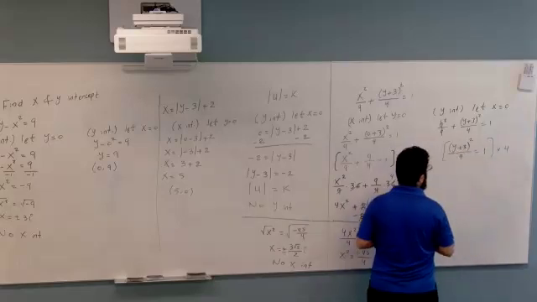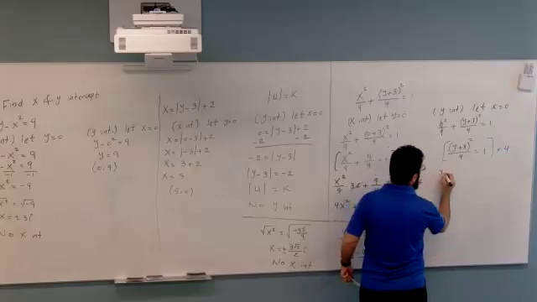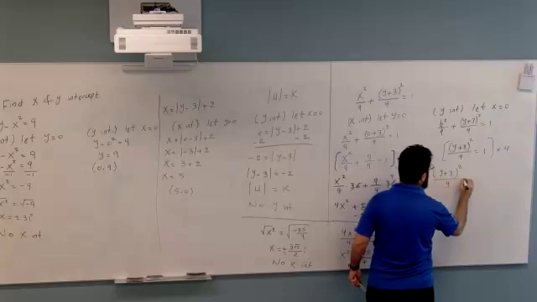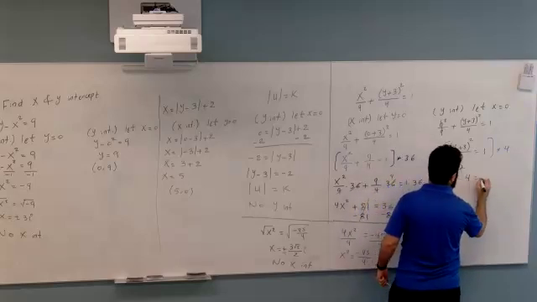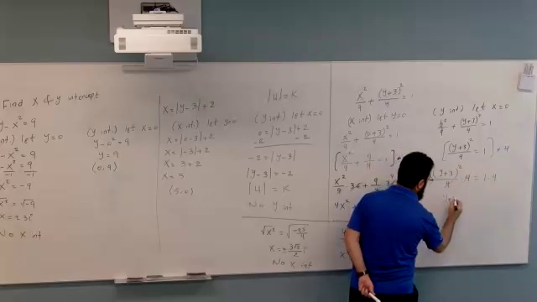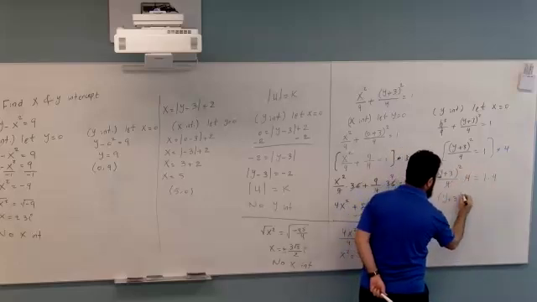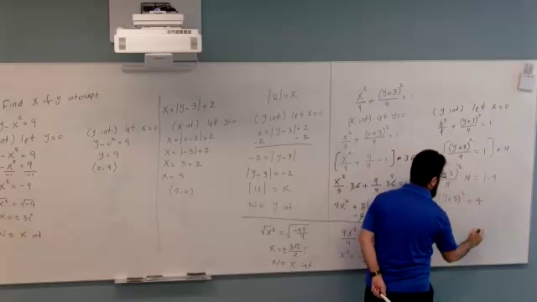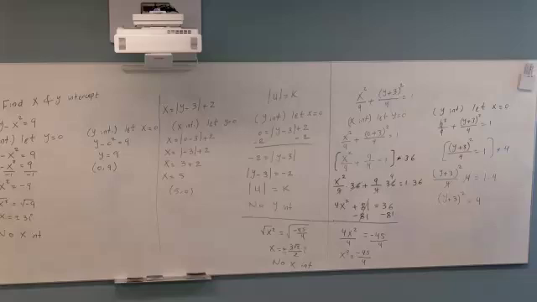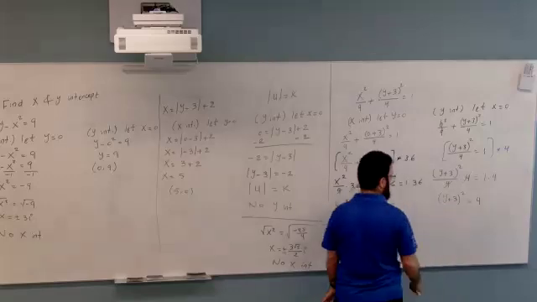Multiplying by 4, I'll give you y plus 3 squared over 4 times 4 equals 1 times 4. Cancel these. What's left? Y plus 3 squared equals 4. Is that okay? Now what's next?